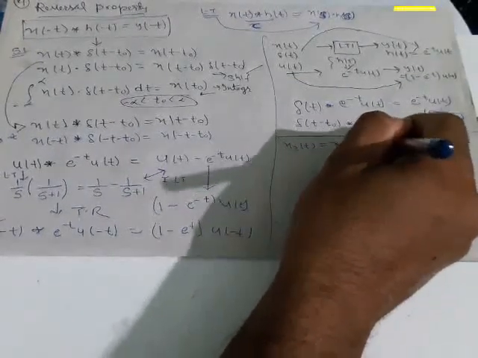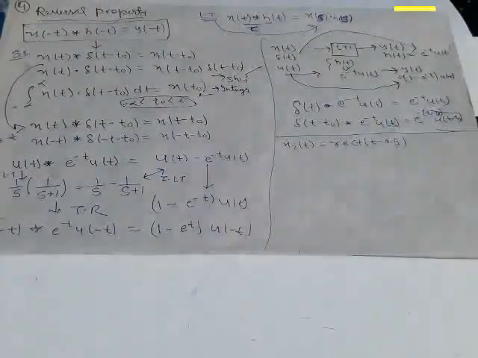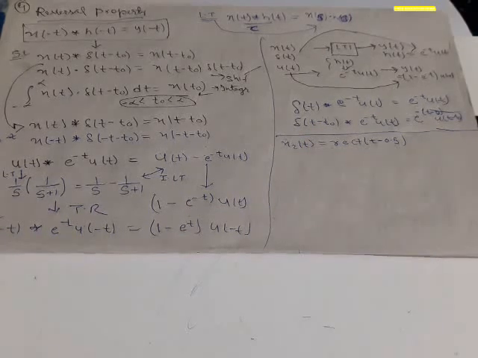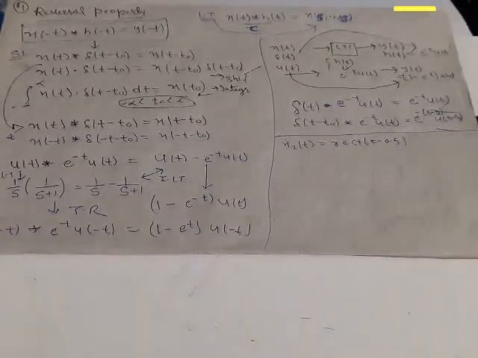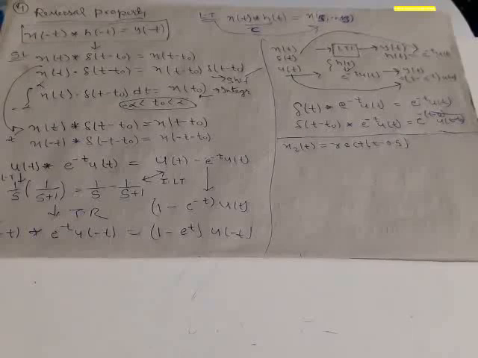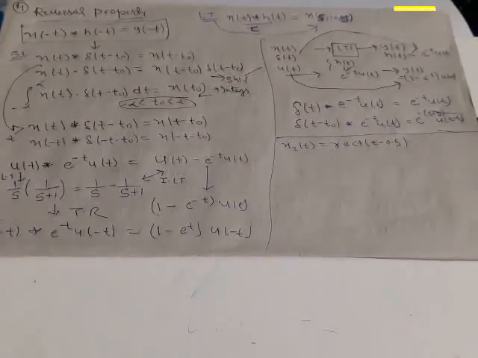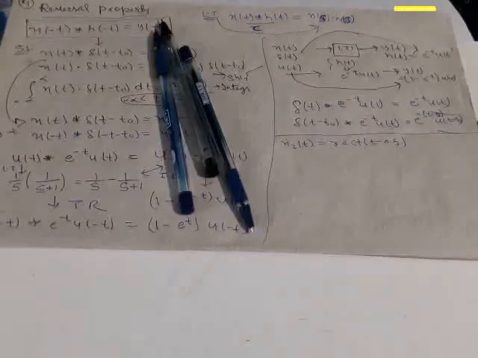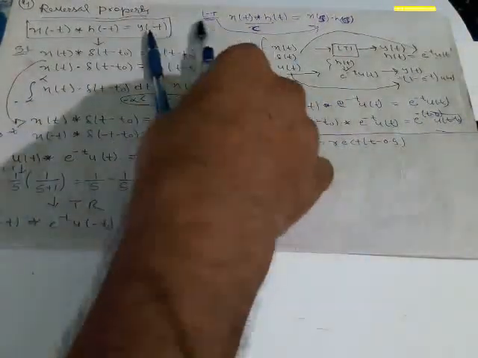We know that x1 of tau is nothing but u of t, so we can write y of t equals the integral from minus infinity to t of y1 of tau d tau, or for unit steps, the integral of 1 minus exponential minus tau d tau.